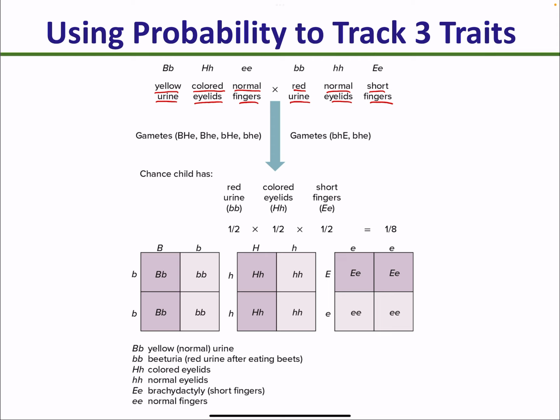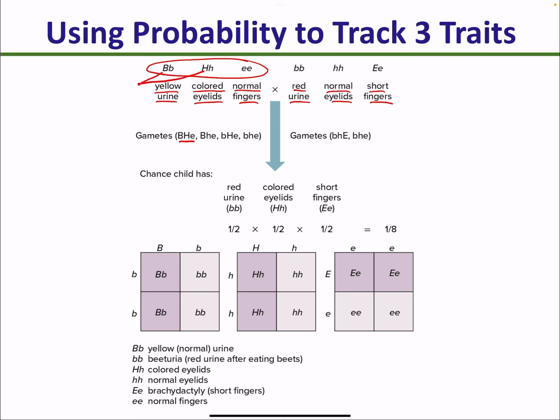So each of the features is going to be determined by a certain genotype, right? So now, if we look at the gametes here, the gametes here are going to be capital B, capital H, and lowercase e, okay?